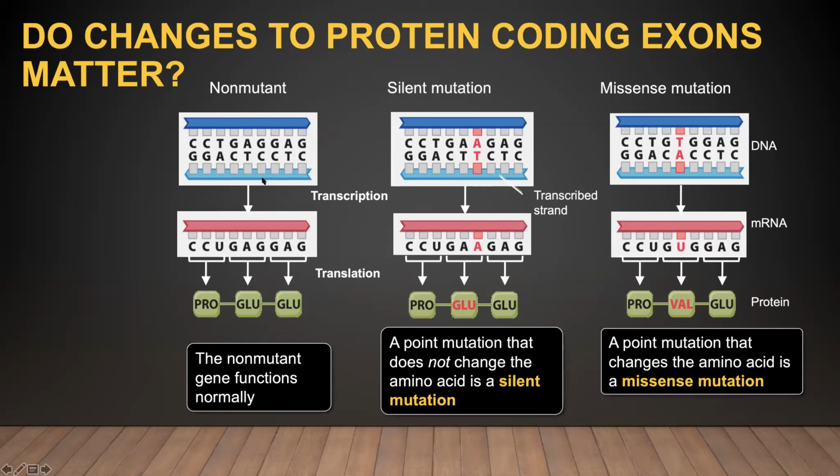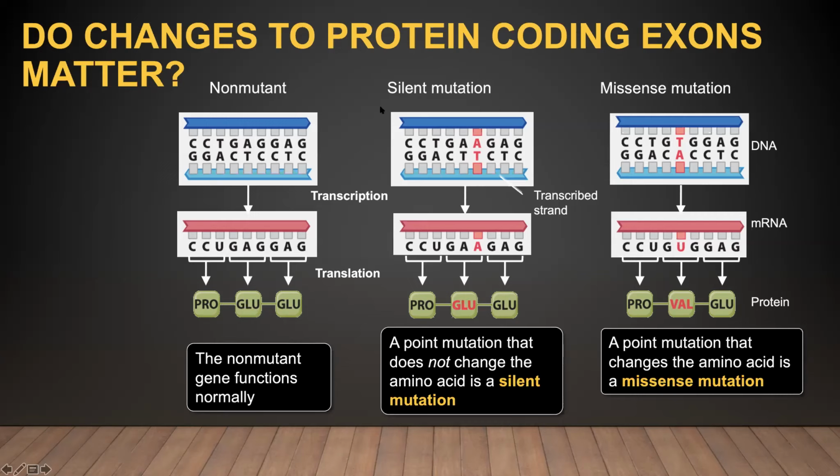The red here would represent the messenger RNA strand, and here are the amino acids that are linked to these specific codons. We can see that we have proline, glutamine, and glutamine as our 3 amino acids, and this particular gene would function normally. This is the non-mutant strand.